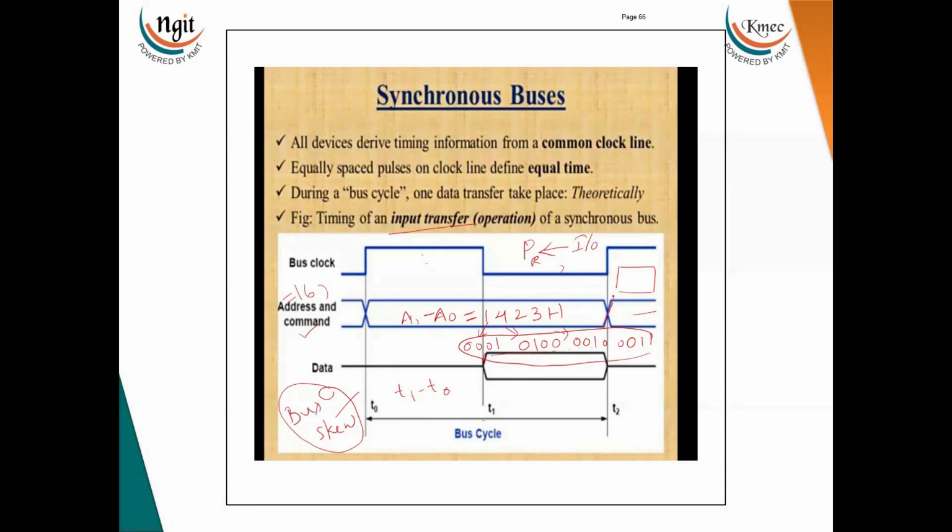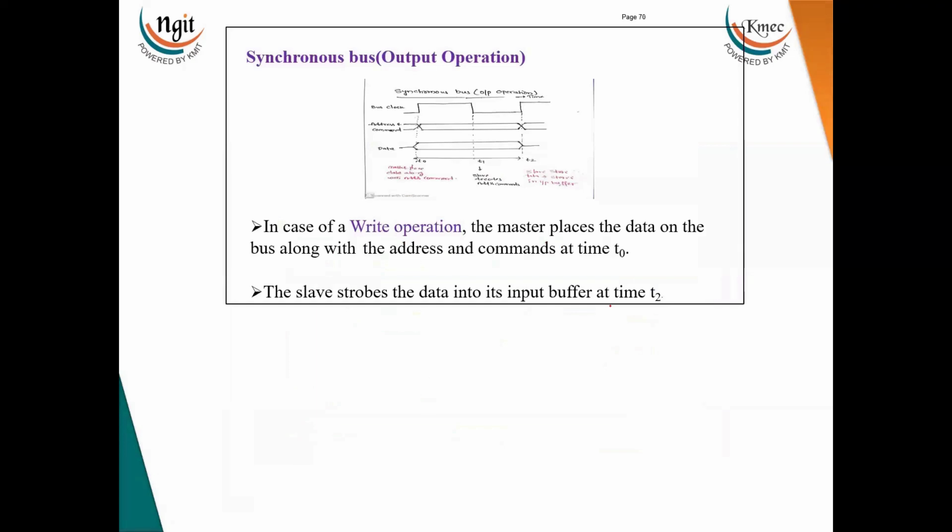But here the lines are crossing, so the microprocessor has changed to some other address at that time. After this address is removed from the address lines, at T2 the processor will strobe this data into the processor register. So this is how the processor reads the data from the IO devices.